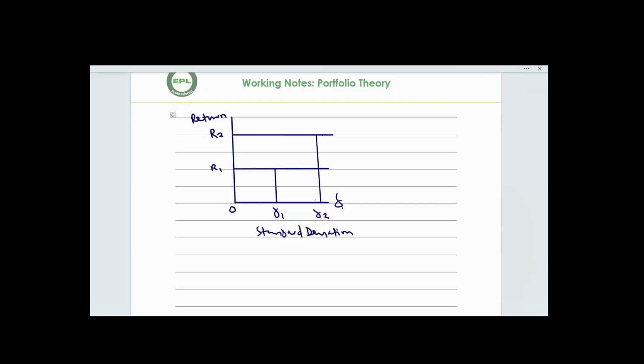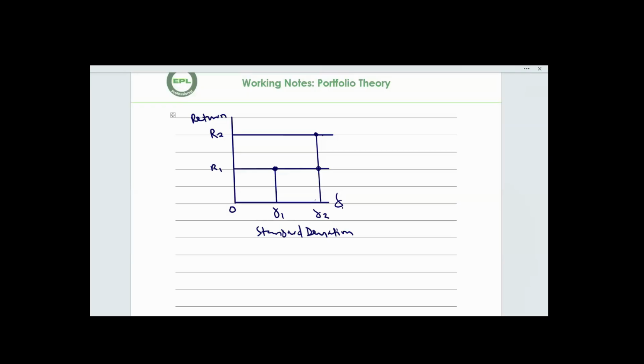Now, the risk and return intercepted at this point. Okay, they intercepted at this point. Risk and return intercepted at this point, and they also intercepted at this point. All right, those are the 3 points of intersection.